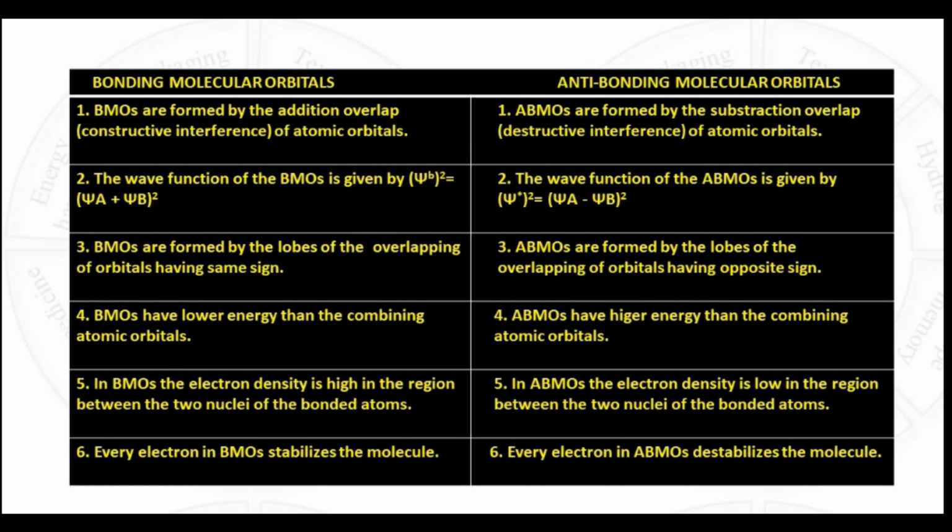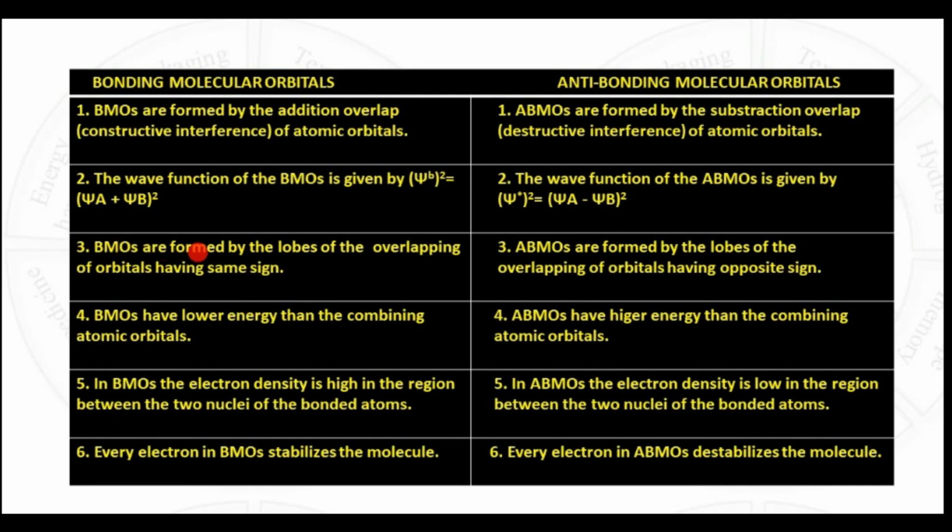Actually it is not the wave function but the electron charge density. The electron charge density of the BMOs is given by this formula, and the electron charge density of the anti-bonding molecular orbitals is given by this formula. So please write the electron charge density instead of the wave functions.